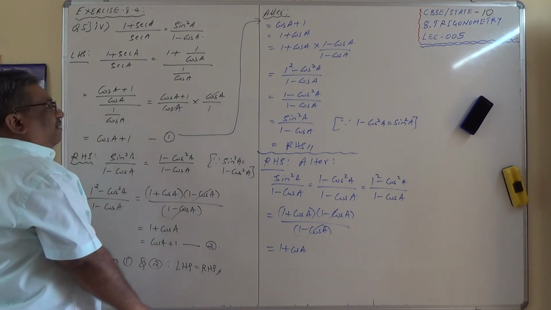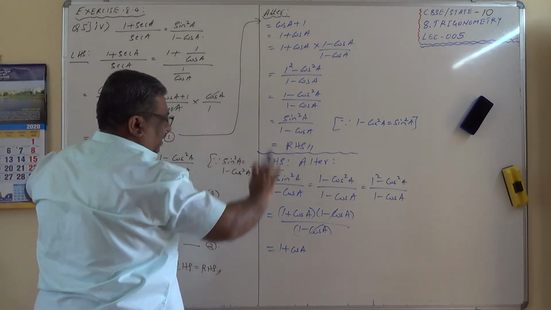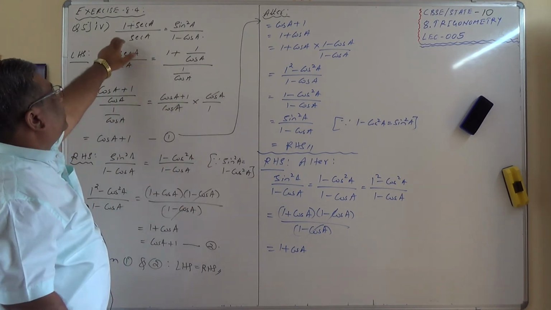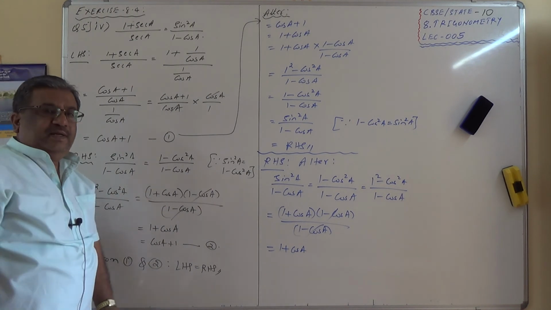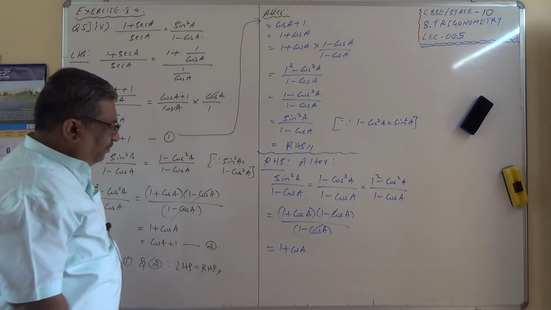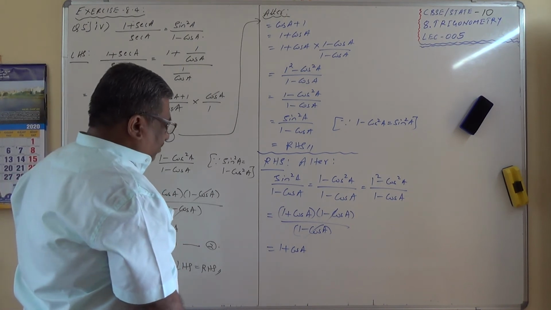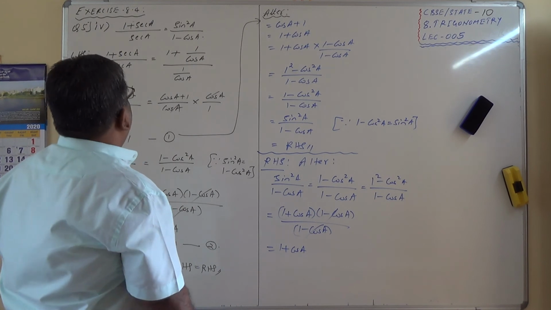The first is the first method, and the second is this, that is, from here how to arrive at that. Now I have taken RHS here and I want 1 plus secant A by secant A here. What is to be done is to be checked. Can I take a conjugate of this one? Multiply by 1 minus cos A by 1 minus cos A.